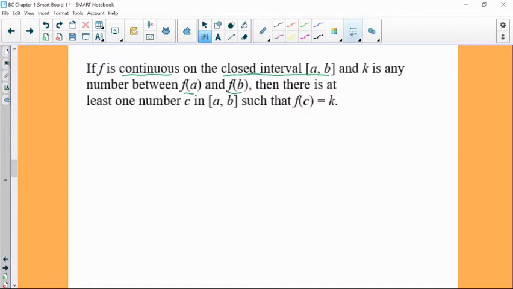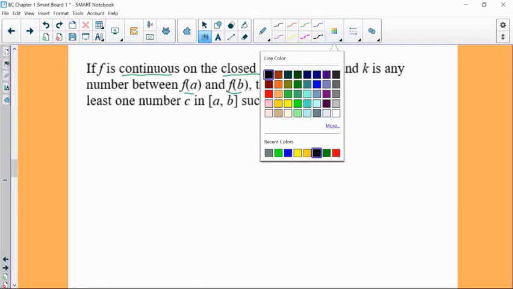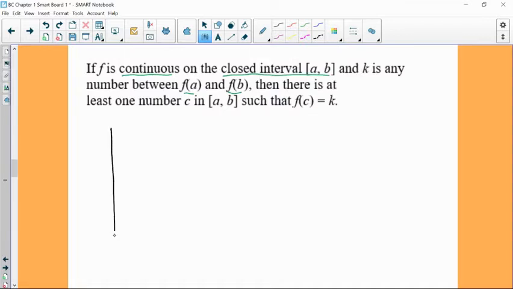So let's get a picture here. I want to go to a black pen to draw my axes. Here's my y-axis. Here's my x-axis. I'm going to have some closed interval a to b, and those are x values, and k is any number between f of a and f of b. Well, f of a and f of b are y values, so maybe that's here, and maybe this one's up here.